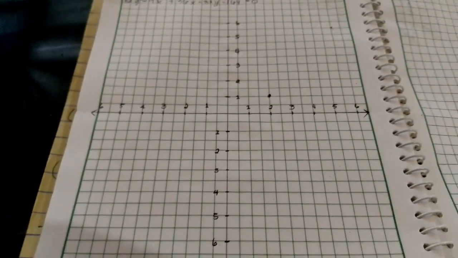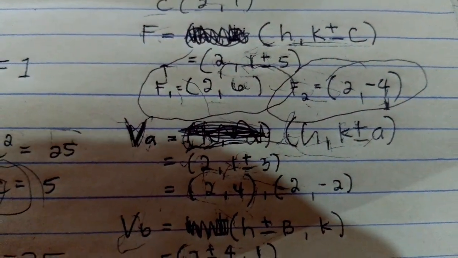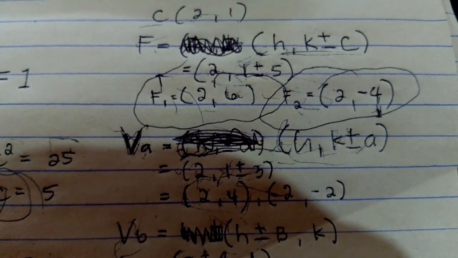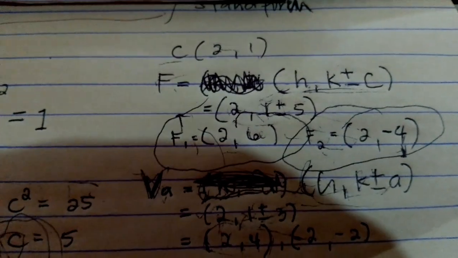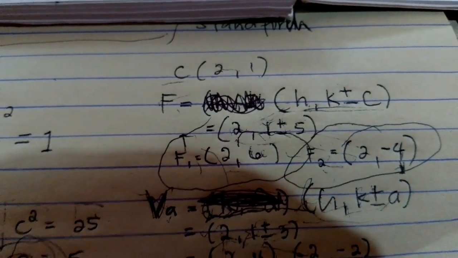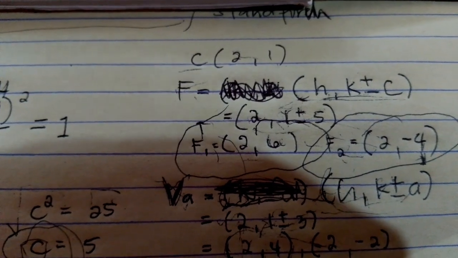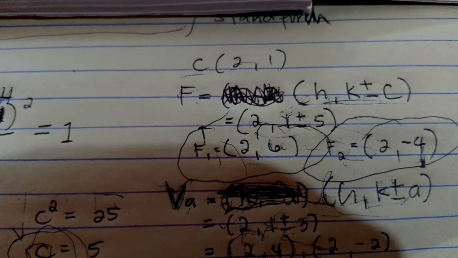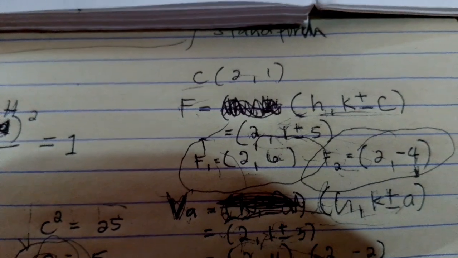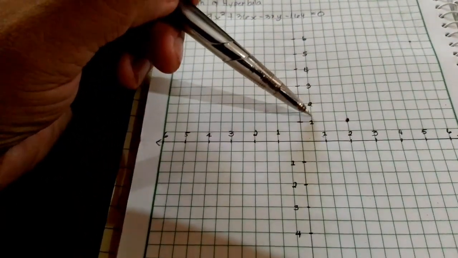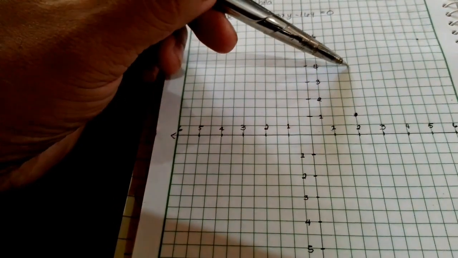Our vertex A, the first coordinate is (2, 4). 1, 2, 3, 4.